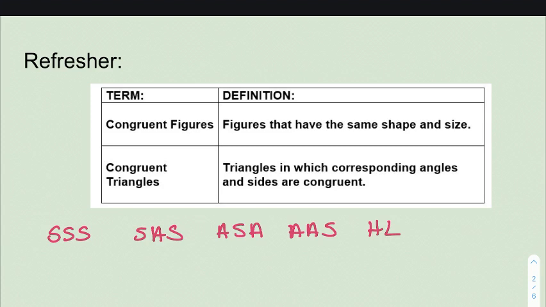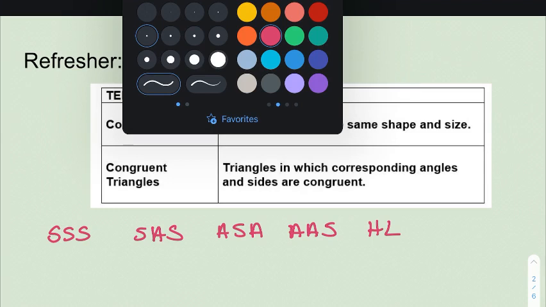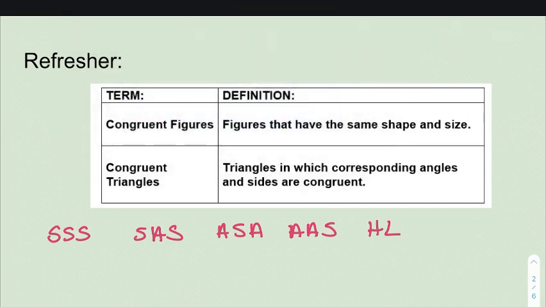And just keep in mind that each of those properties was very specific. You want to remember where those markings are. So for instance, if all 3 sides are congruent, that's side-side-side. If the included angle between 2 congruent sides is congruent, we have side-angle-side. Here we have an included side between 2 angles.